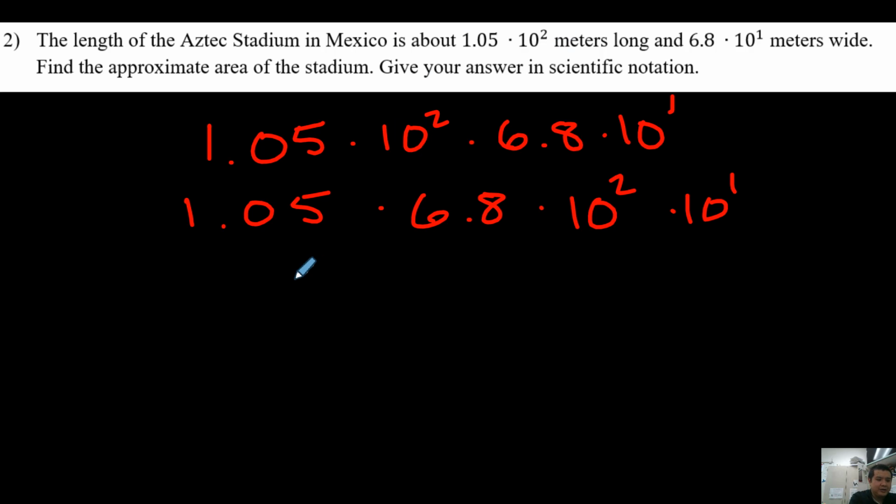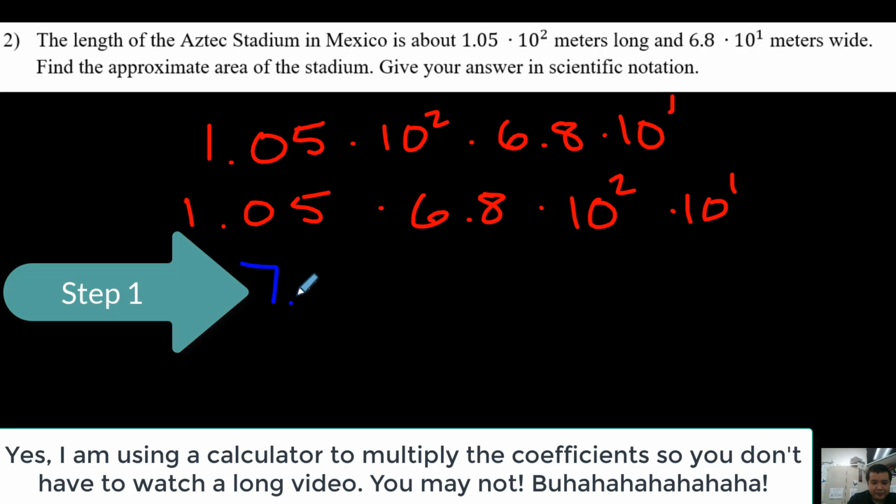Multiplying the coefficients, 1.05 times 6.8 is going to be 7.14. Then multiplying the bases together, 10 to the second times 10 to the first becomes 10 to the third.